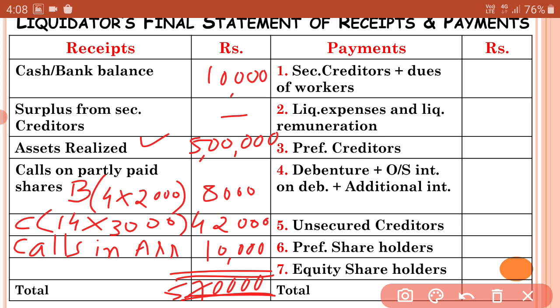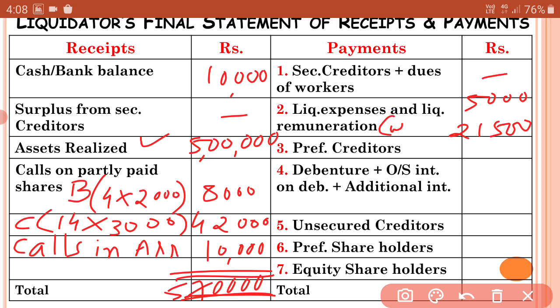Now you calculate the outstanding payment one by one step. First step, secured creditors and workers due. In this question, no information, so dash. Then liquidation expenses is 5,000, and liquidator's remuneration 21,500 from working note 3.